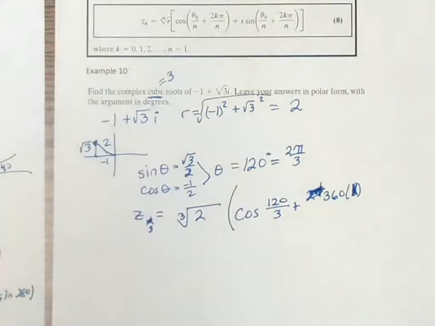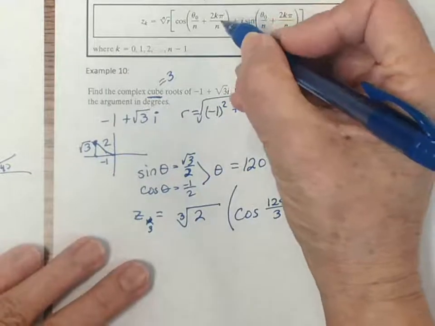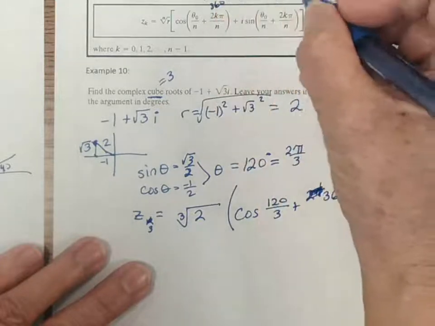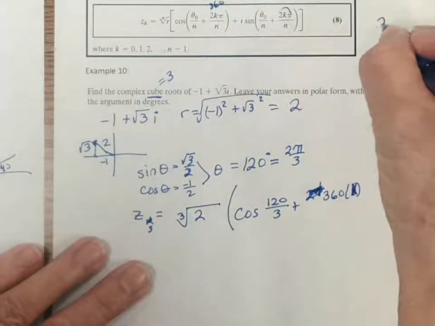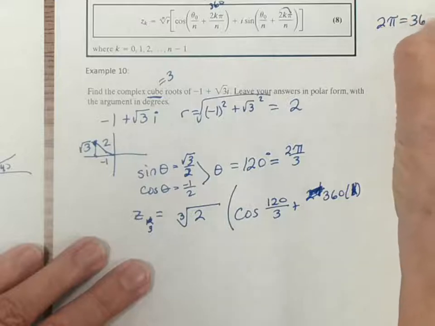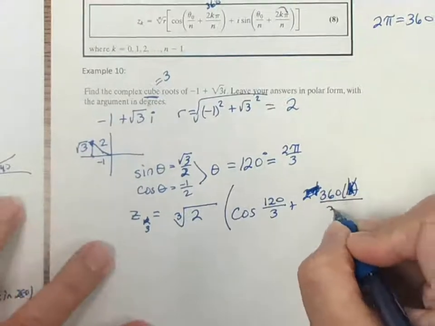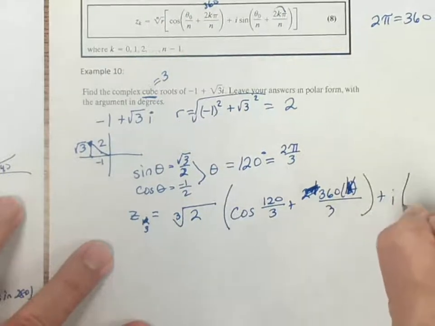Let me back up here. Up here where we have the 2 pi, we could also be using 360. So remember, 2 pi is equal to 360. So 360k divided by 3 plus i sine of 120 divided by 3 plus 360k divided by 3.